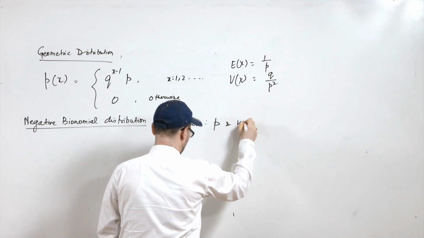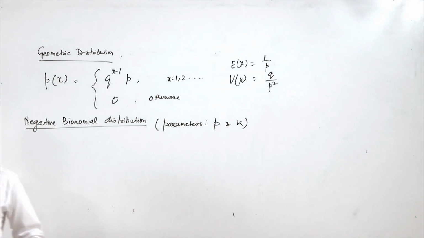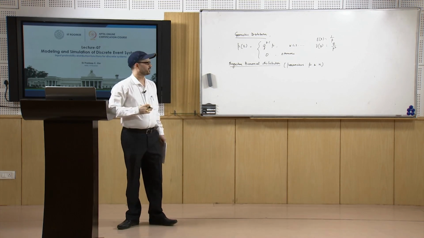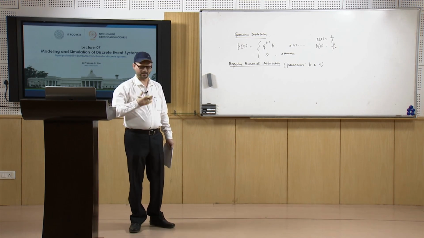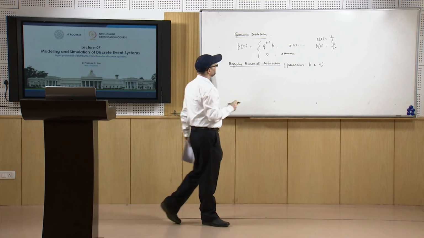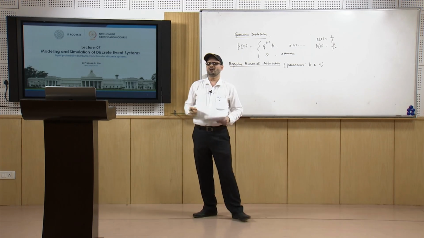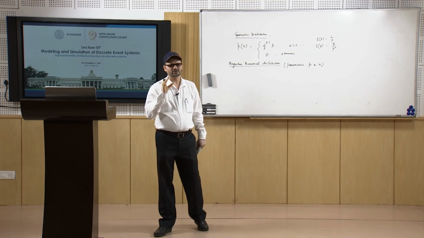As we know, p is the probability value for the success and q is the probability value for the failure, and k is a parameter because we want k successes.